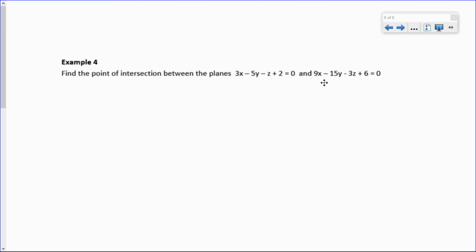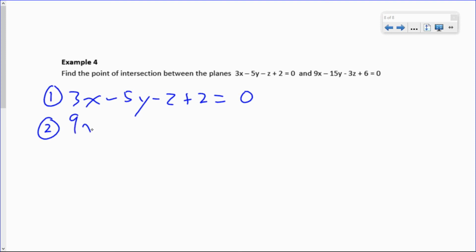A similar example, let's just write these two out. 3x, take away 5y, minus z plus 2 equals 0. And 9x, take away 15y, minus 3z plus 6 equals 0.